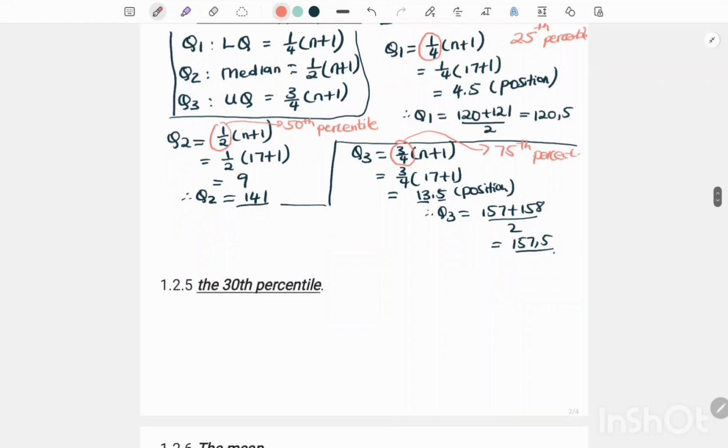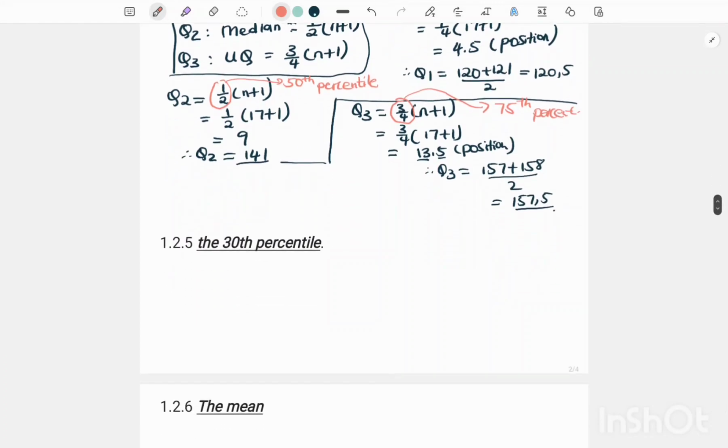If they say to you, find the 30th percentile, you're not going to use one of the formulas for the quartiles. You're going to just say, okay, the 30th percentile is equal to 30 over 100 n plus 1. For example, if they said to me the 75th percentile, I would say P75 is equal to 75 over 100 n plus 1.